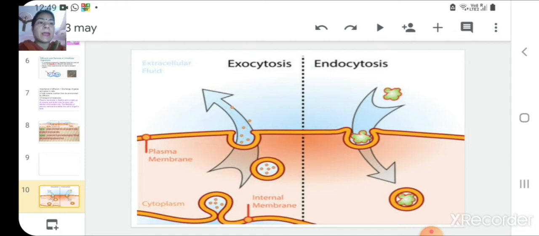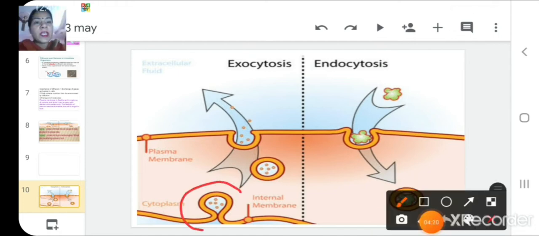Here you can see that in the exocytosis process, the invagination is made in the internal membrane. This invagination is the folding of the plasma membrane or the internal layer of the plasma membrane. Then this invagination detaches from the internal membrane and forms this vesicle.